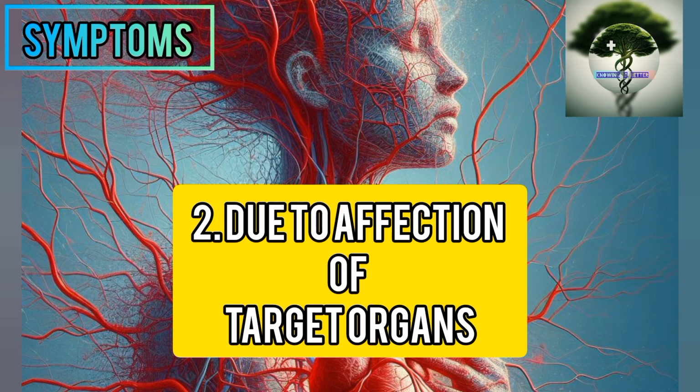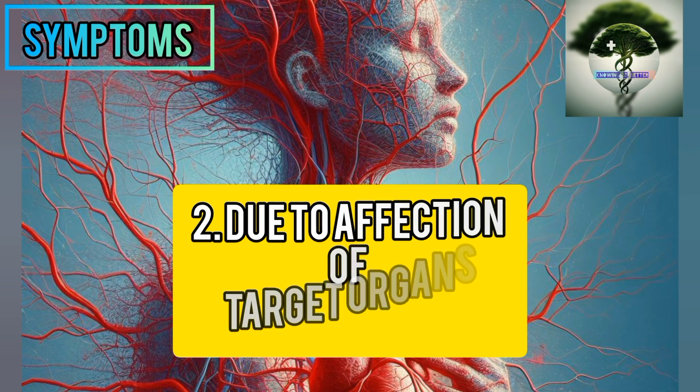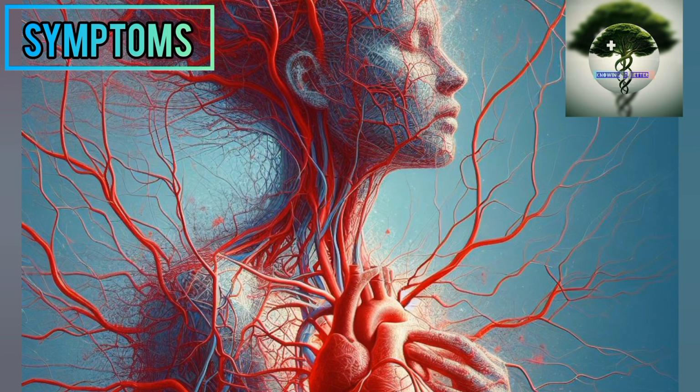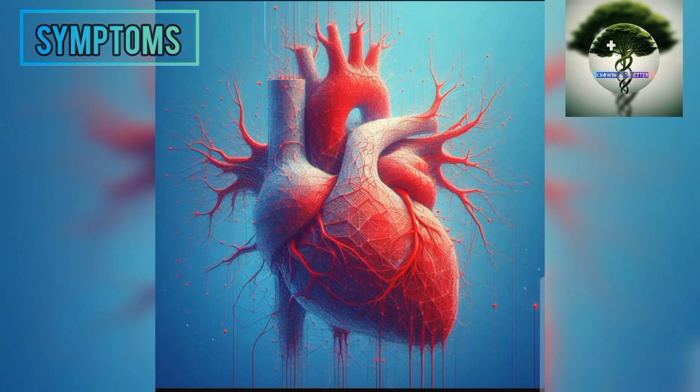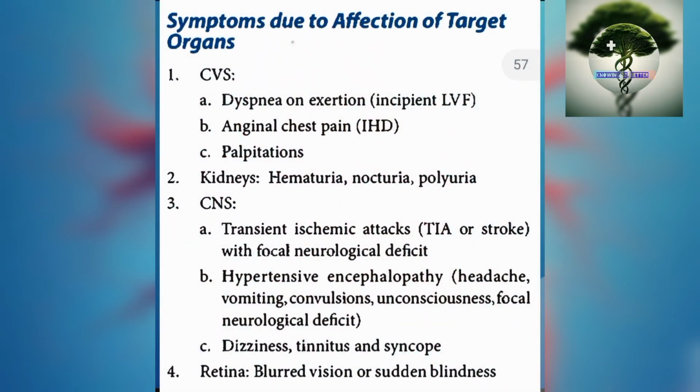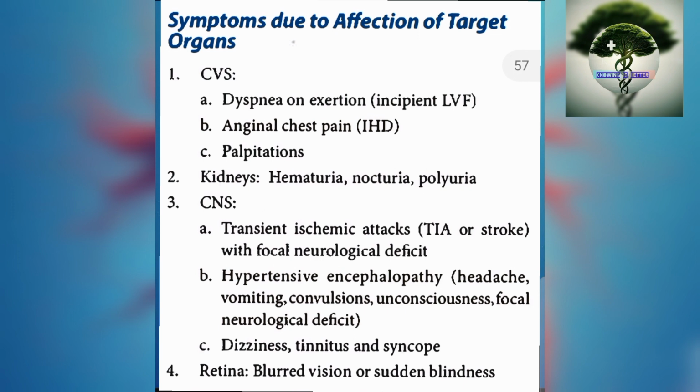Now symptoms due to affection of target organs. The first one is cardiovascular. Due to left ventricular failure, we can get dyspnea on exertion. Due to ischemic heart disease, we can get anginal chest pain and palpitations.